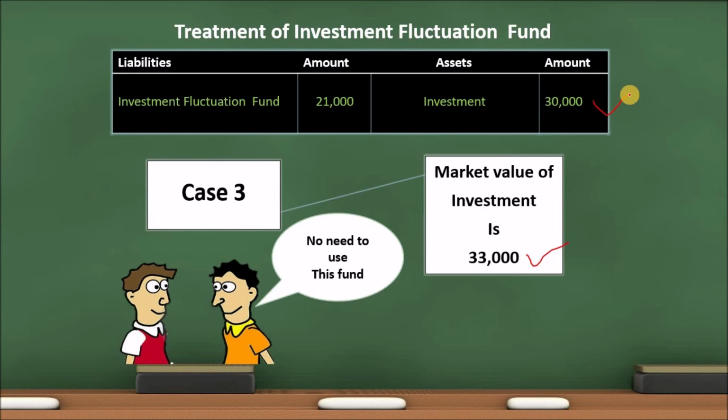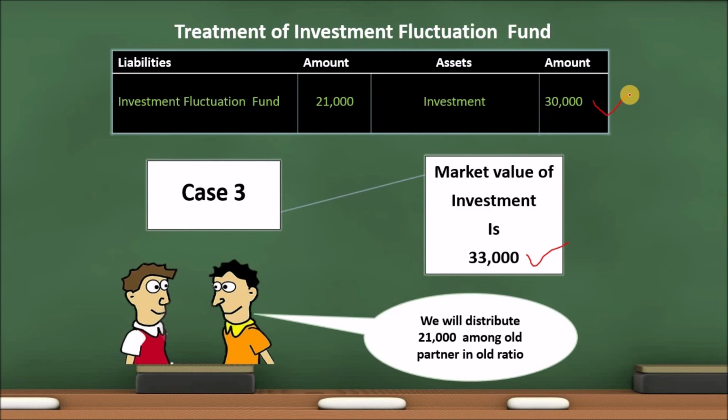I told you this fund is only used when there is a loss. When there is a profit, this fund is not used. If this fund is not to be used, it will be distributed among old partners in old ratio. So the whole of 21,000 will be distributed among old partners in their old ratio.